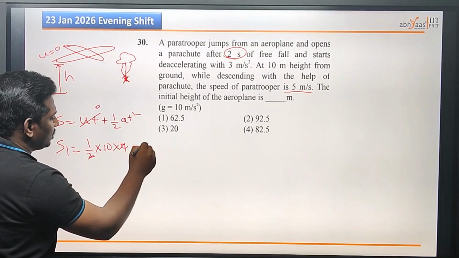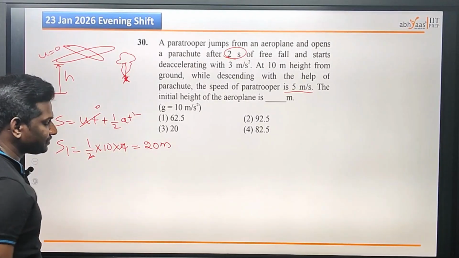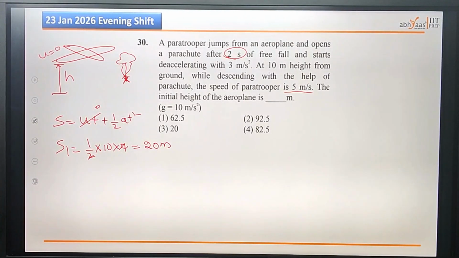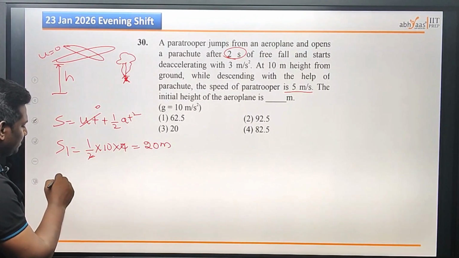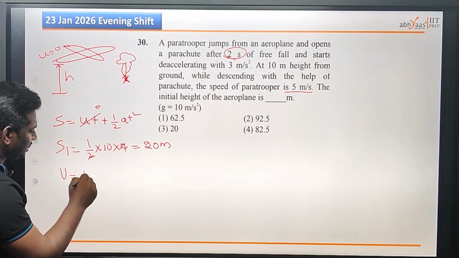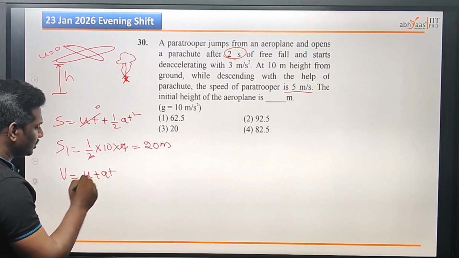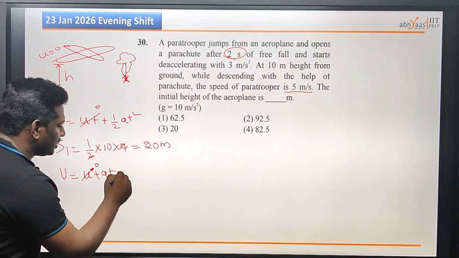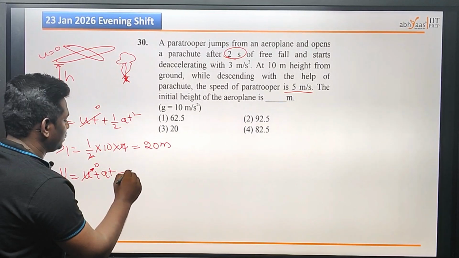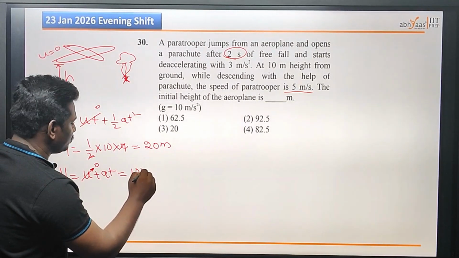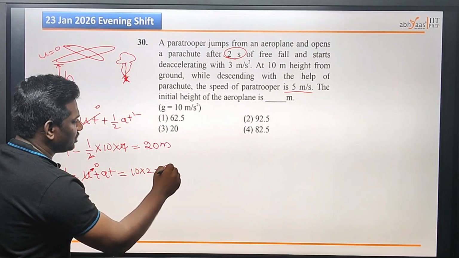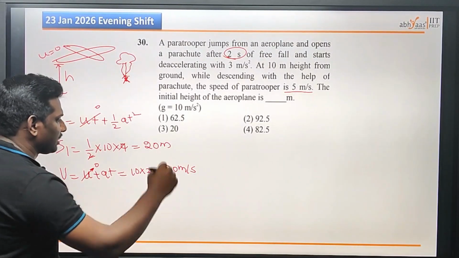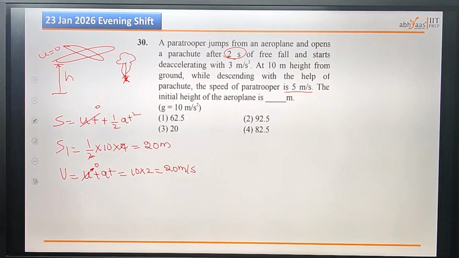You will get 20 meter. S1 is 20 meter. So what is the V? V can be written as u plus at. So u is 0. What is a? That is 10 into 2. You will get 20 meter per second. This is our first case.